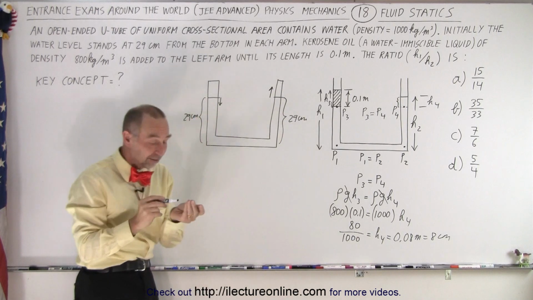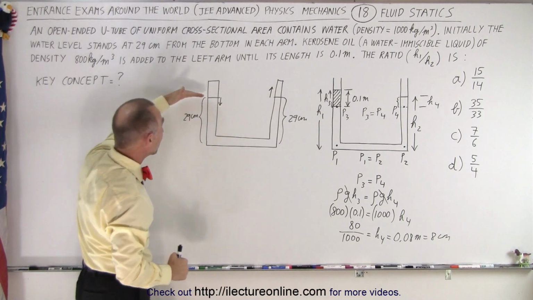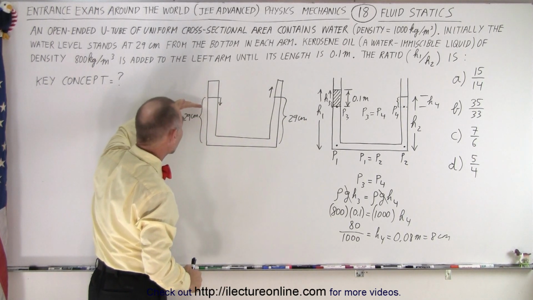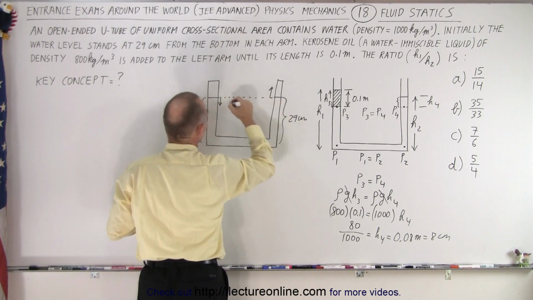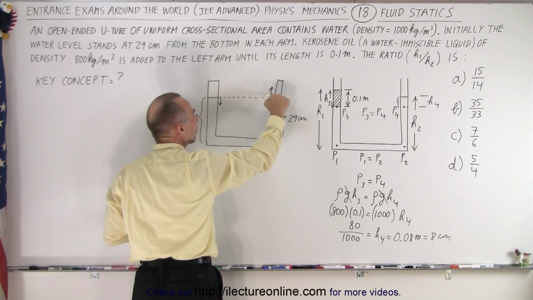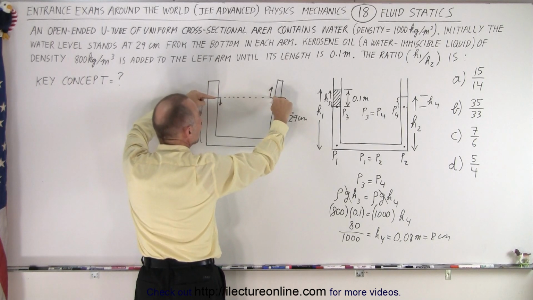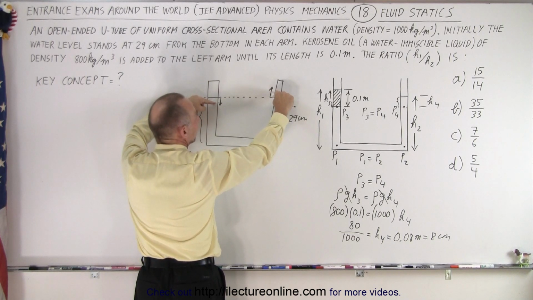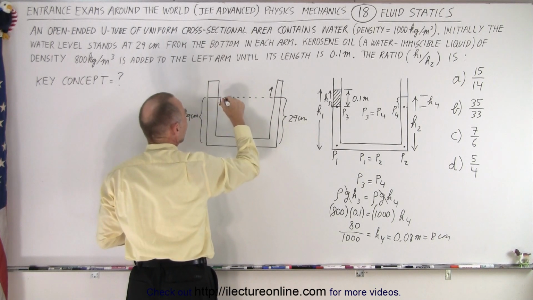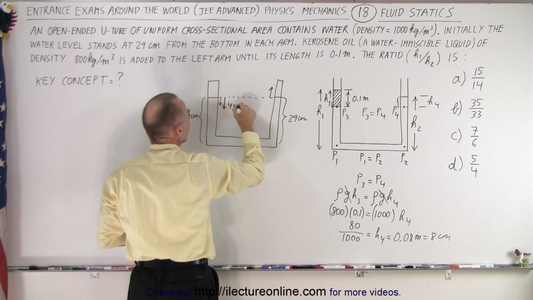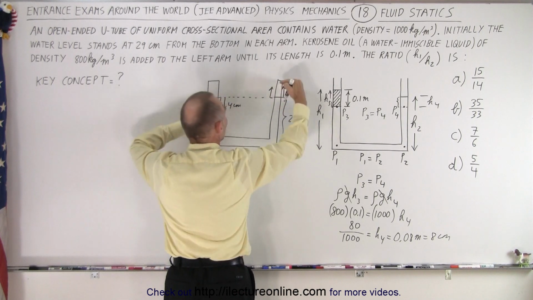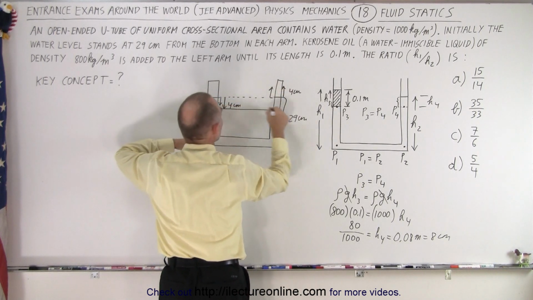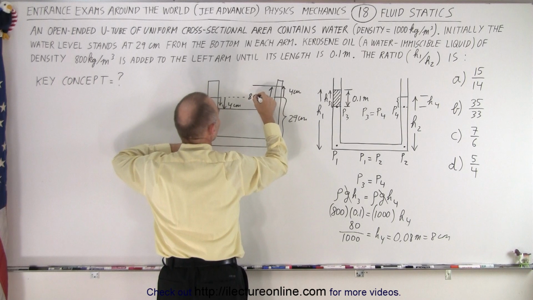Another key concept here is that however much this one goes down from where it was before, and let's draw a line this way, this one goes up by the same amount. If this one goes down 1 centimeter, then this one goes up 1 centimeter, so now we have a difference in level of 2 centimeters. If this one goes down 4 centimeters, then this one goes up 4 centimeters, and now the differential between here and here is 8 centimeters.